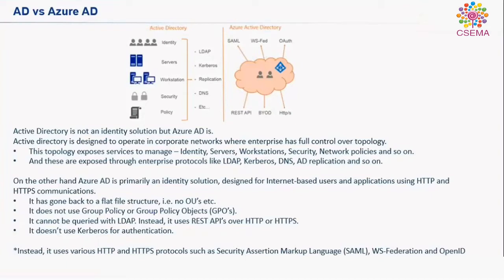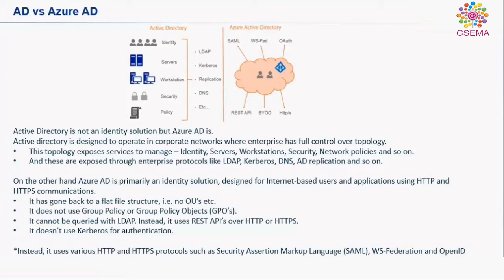The topology exposes services to manage identity, servers, workstations, security, network policies, and so on. And these are exposed through enterprise protocols like LDAP, Kerberos, DNS, AD replication, and so on. Basically, these are the components which most of the enterprise applications are built on today, which we need to keep in mind. On the other hand, Azure AD is primarily an identity solution designed for internet-based users and applications using HTTP and HTTPS communications.